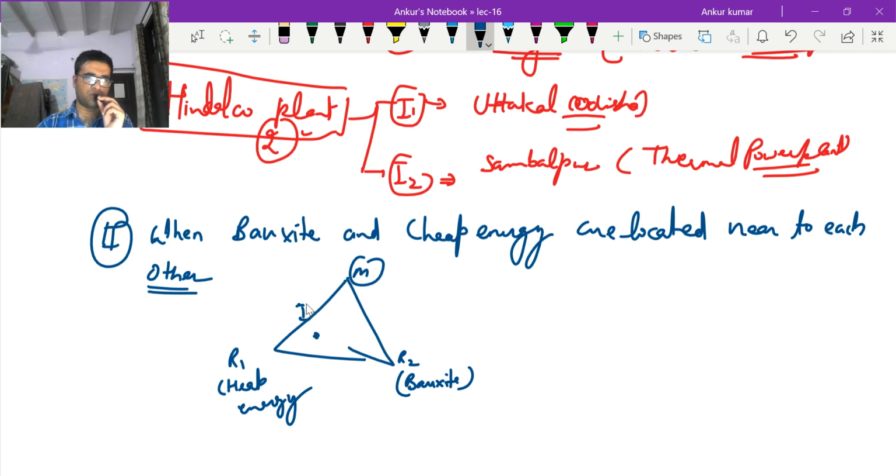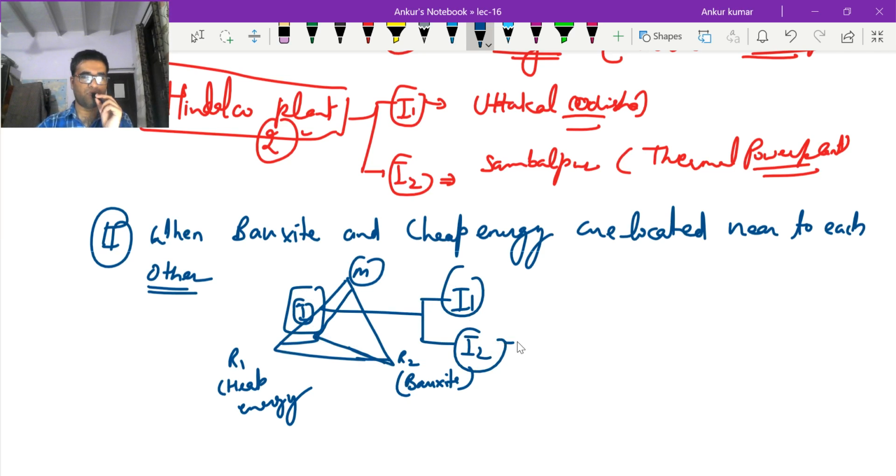So this is the industry location. At this point only, we will perform both tasks, I1, the Holz process, as well as electrolysis I2. So no problem in this. Let us do some of the plants which have this kind of location.